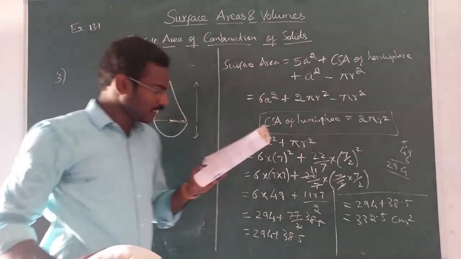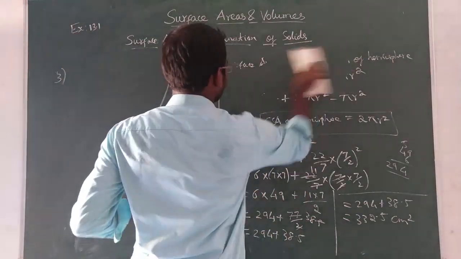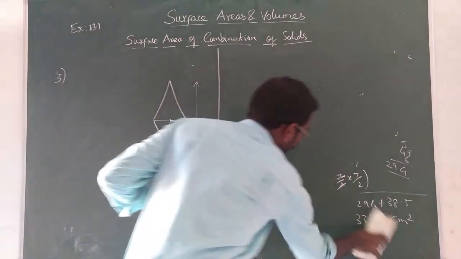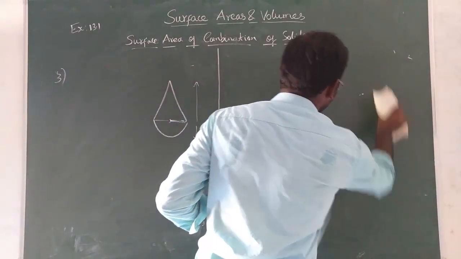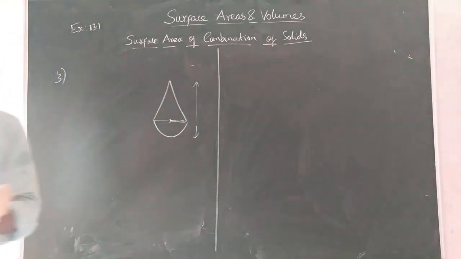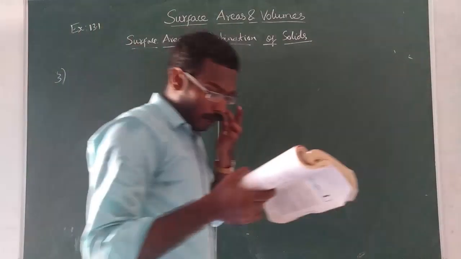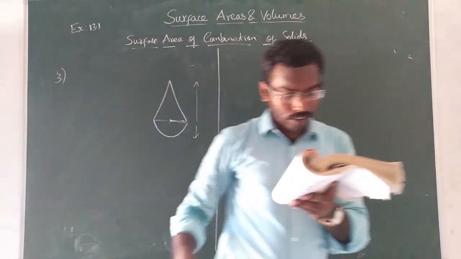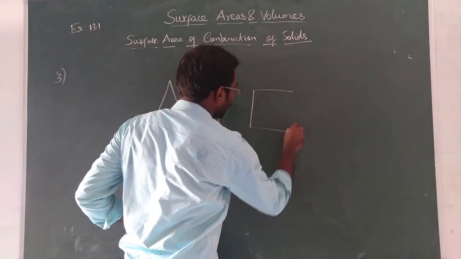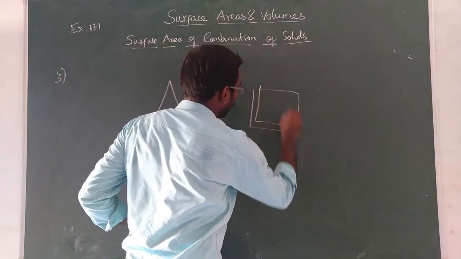Then the fifth sum is given like this. Just giving you the hint. If I draw a rough diagram, then you will be able to solve. Fifth sum: a hemispherical depression is cut out from one face of a cubical wooden block. That is, there is one cubical wooden block, a cube.